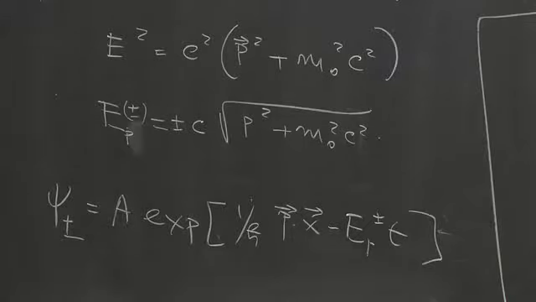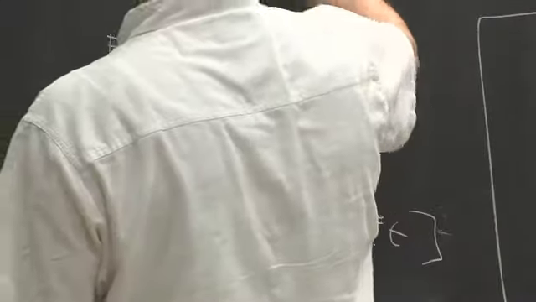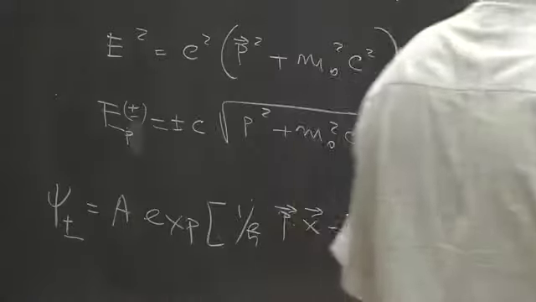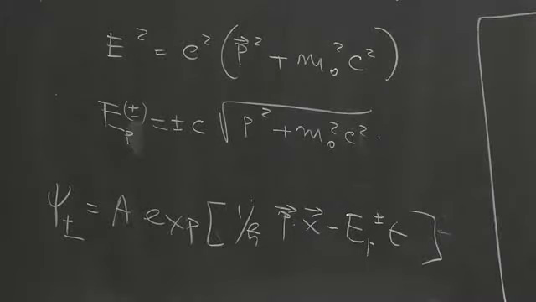Now let's suppose that the particle we described with mass m has a charge e. Let's introduce a different object, rho prime, which is the probability density multiplied by the charge e.